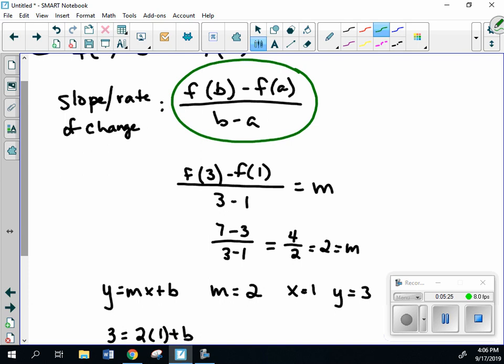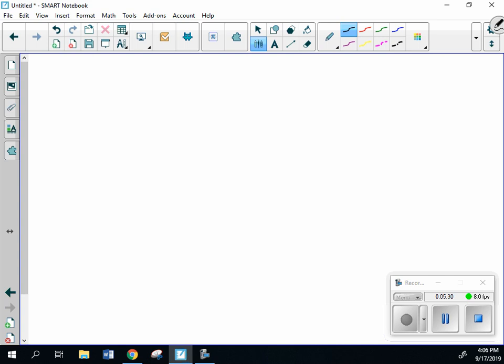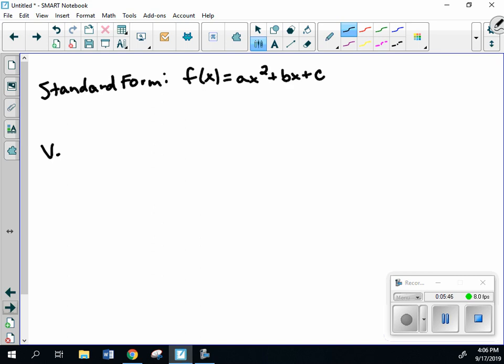When we're talking about quadratics, we know that there are two different types of equations for quadratics. There's what we know as standard form, which is the ax squared plus bx plus c. And then we have vertex form. And you guys have seen these before, just different ways of looking at it. Vertex form is f of x equals a times x minus h squared plus k.